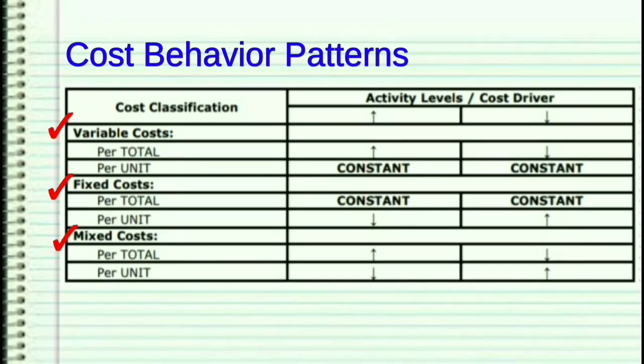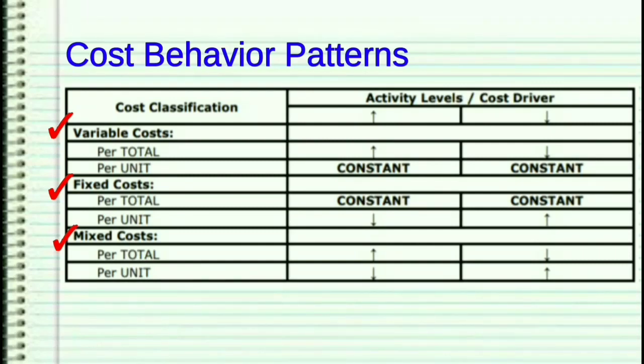Ang ginamit kong term dito ay unit kasi usually sa problem, ang ginagamit na activity driver or activity level or cost driver ay number of units. Ganon din sa fixed cost. We also have fixed cost per total and we also have fixed cost per unit. Ganon din sa mixed cost. We also have mixed cost per total and we also have mixed costs per unit.